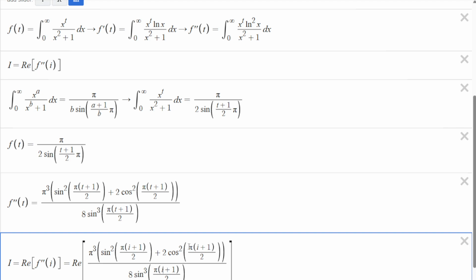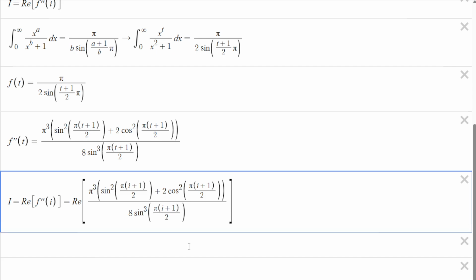We're done. I am not going to go through the process of taking the real part of that, but I'll go over some of the tricks we can use. Well, first, we need to recognize that this can be split up into I pi over 2 plus pi over 2. And we can use a trig identity for that, the sine of theta plus pi over 2 identity, to express this in terms of cosine of an angle.